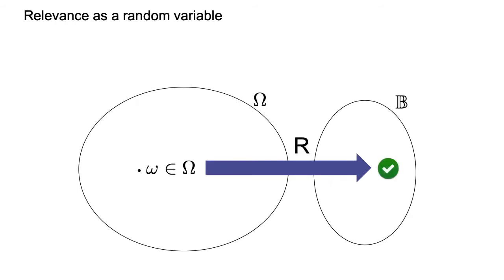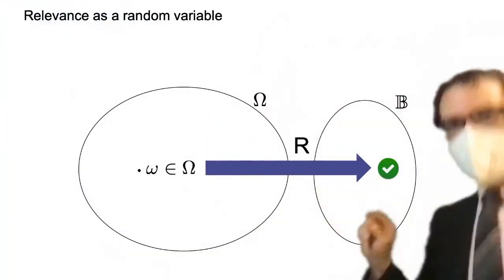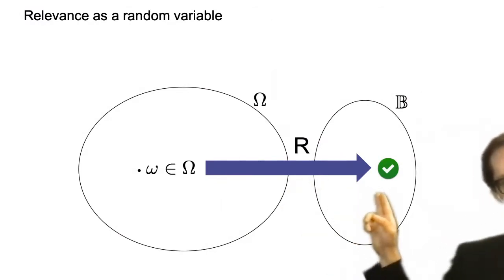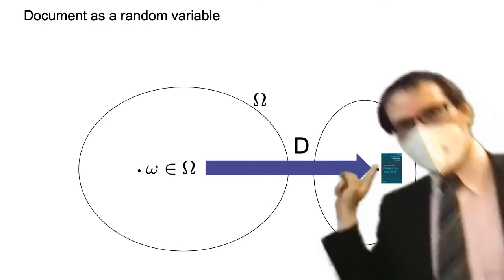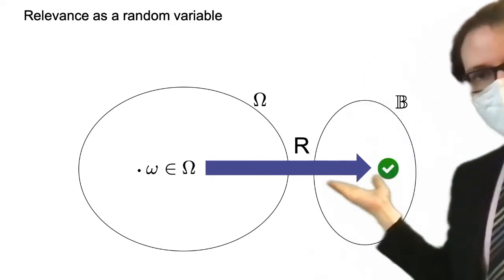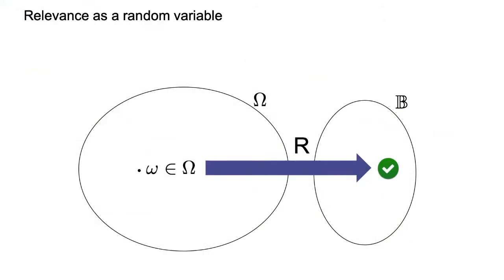And finally, we have another random variable called big R, that is the flag, right? So it's a Boolean, and in that case, it was yes, well, of course, because in that specific case, we had the query information and the book information retrieval. So yes, it's relevant, right? But we have that, of course, a quintillion times. But of course, when I define the random variable, it's not just for an elementary event, it's for all of them, right?